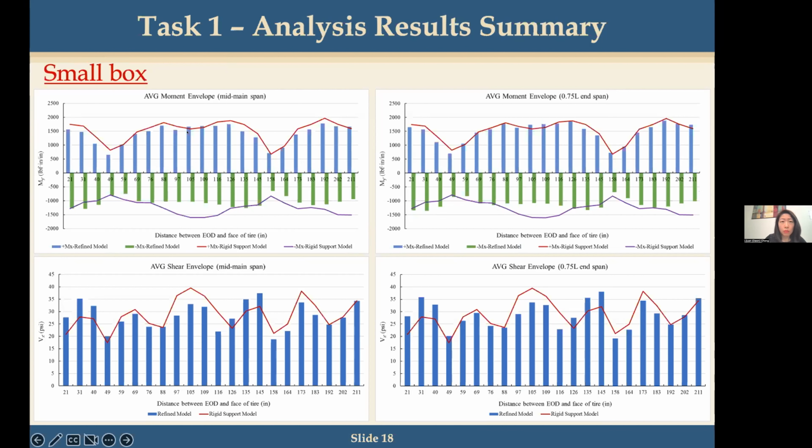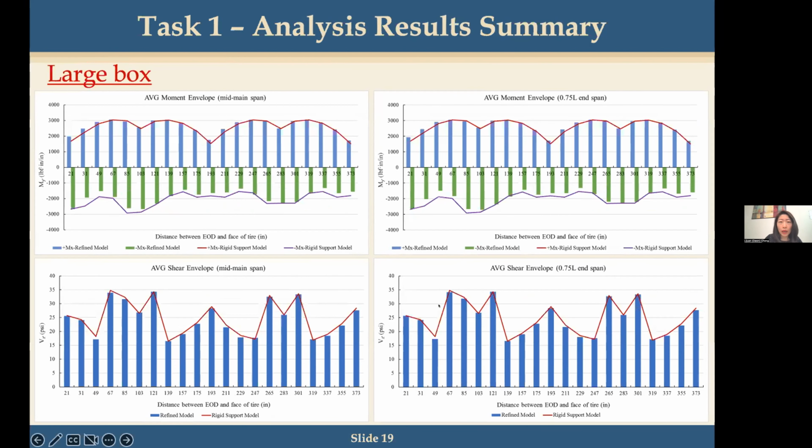For example, the top left here is the average moment envelope, and the red line and the purple line are what we obtained from our rigid support model as an envelope capturing the behavior. The right-hand side is the average moment at a different location, 0.75, three quarters of the span length, and then the shear demand at the bottom as well.